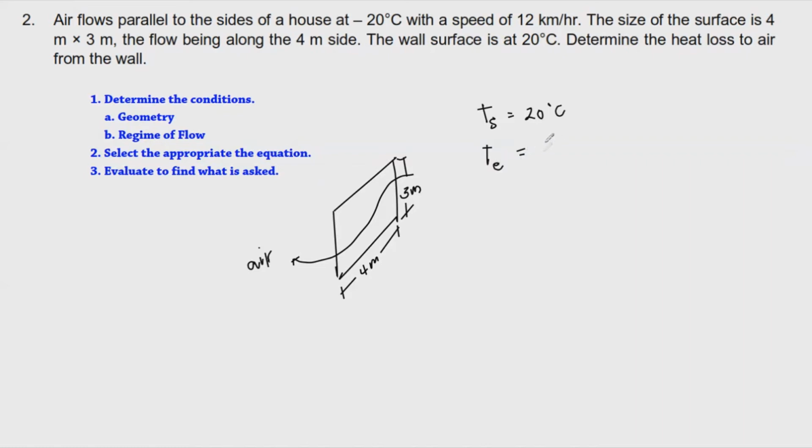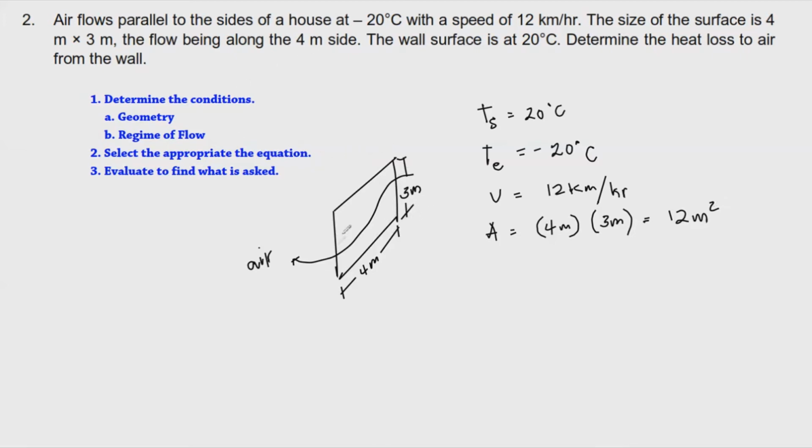The free stream temperature is negative 20 degrees Celsius, and the speed is 12 kilometers per hour. By the way, this is a very cold air. The area would be 4 meters by 3 meters, which makes it 12 square meters. So that's it for our given.